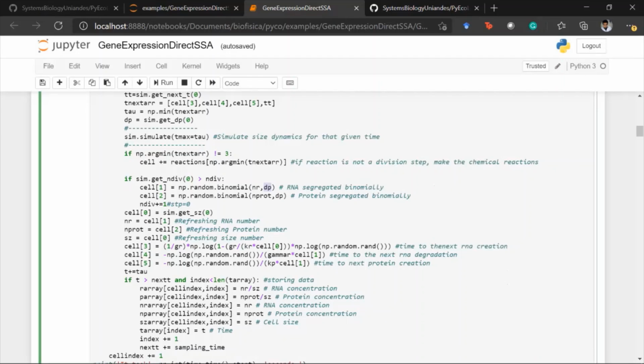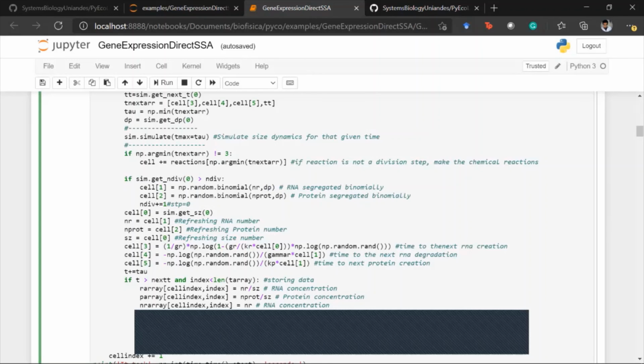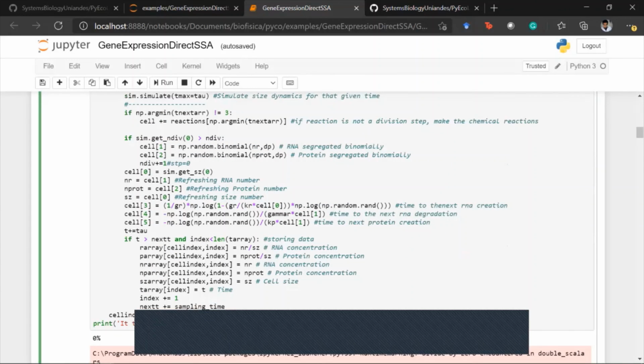But if you consider that division is not perfectly deterministic on a half, but has a given CV square of the division, you can take this division parameter from the function getDP, and you can put it as a parameter in the binomial distribution.